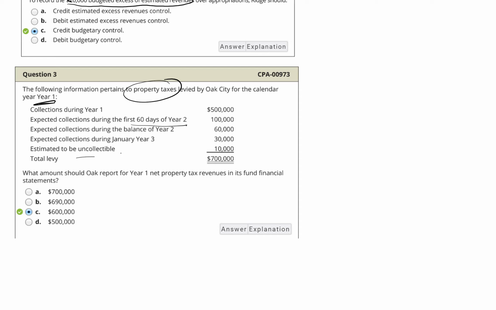That means they are collecting this 500,000 in year 1 and another 100,000 within the first 60 days of year 2. That means these two will be recorded as their property tax revenue for year 1. So the correct answer is 600,000.